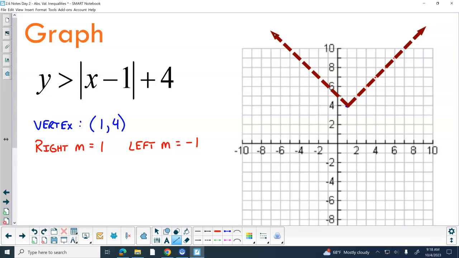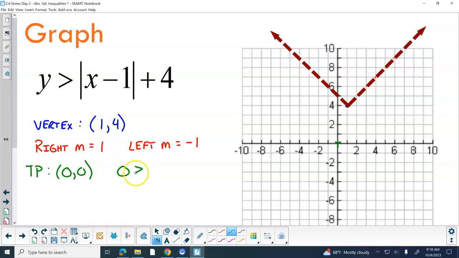Now we've got to do a test point. Again, just as if it were a line, we have to pick a point that is not on my absolute value. If we have the option to pick the origin, I highly recommend you pick the origin, just because it's easiest to plug in 0.